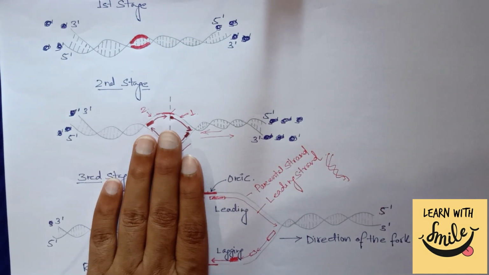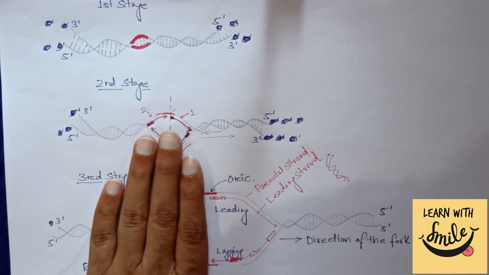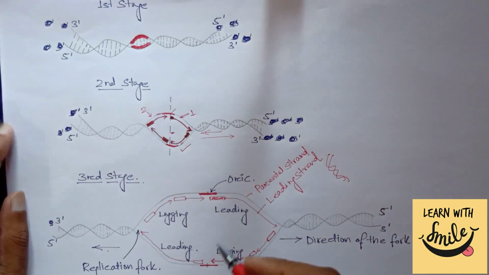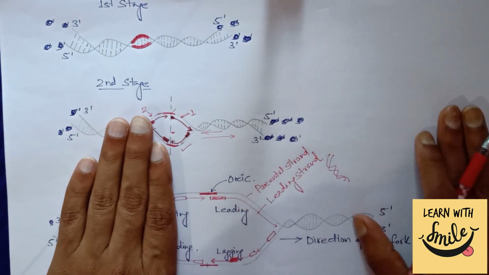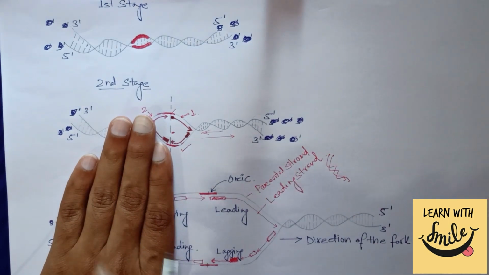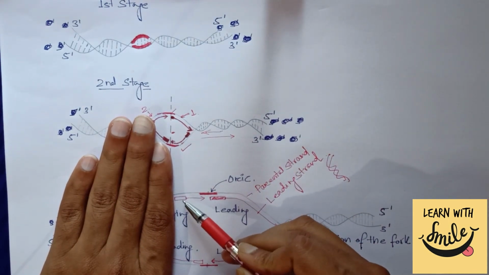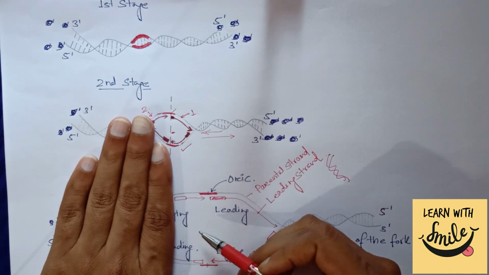Now moving to the other side of the replication fork, or to the other side of the ORI, the story is completely different. For example, on this particular side, the replication fork opened up to this much.